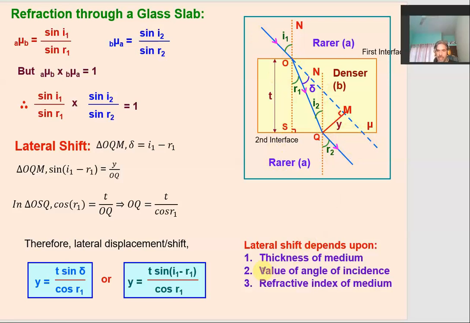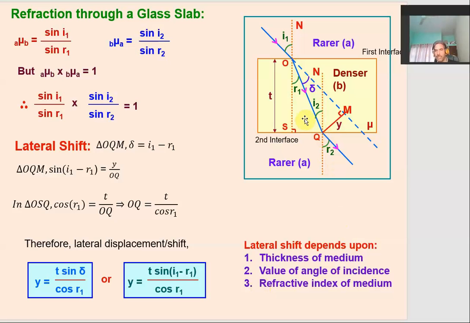Right? The second factor on which the lateral shift will depend is the value of the angle of incidence. The more the angle of incidence, the more shift in the light ray will take place. And the third factor is the refractive index of the medium, of course, because it is the refraction due to which all this shift is happening.